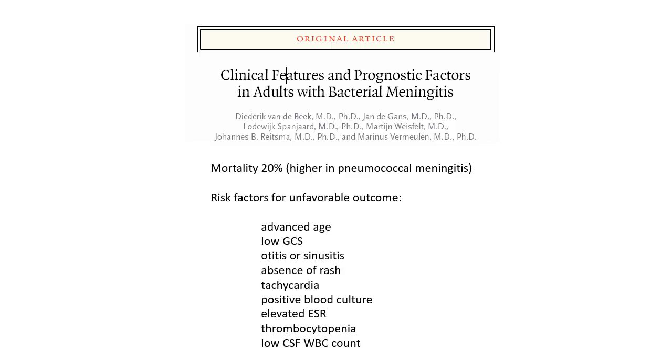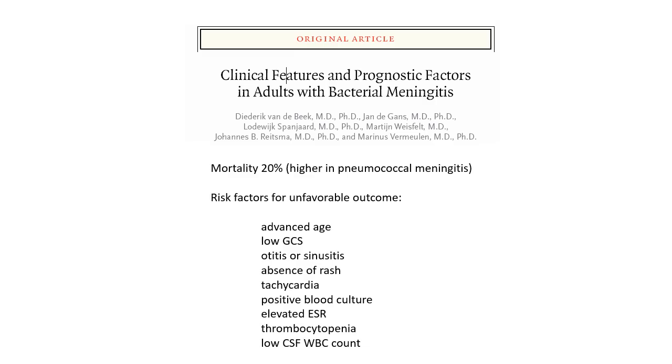Despite the availability of good antimicrobials that can treat many of the causative organisms of meningitis, it still has quite a high mortality. Overall, it's about 20%, but it is a bit higher in those with a pneumococcal-based meningitis.